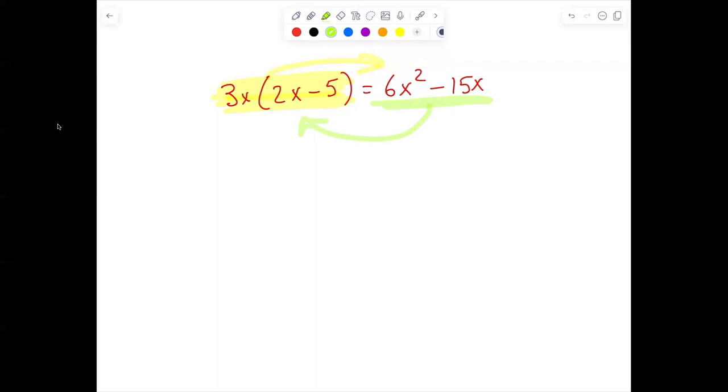Now, when you distributed, you agree you multiplied the numbers, and what did you do to the exponents? You added the exponents. I multiplied the numbers and added the exponents. So if I'm going backwards, instead of multiplying, I'm going to be doing what? Dividing. Instead of adding, I'm going to be what?